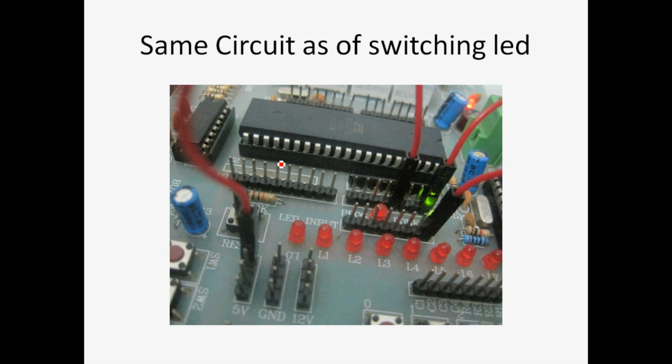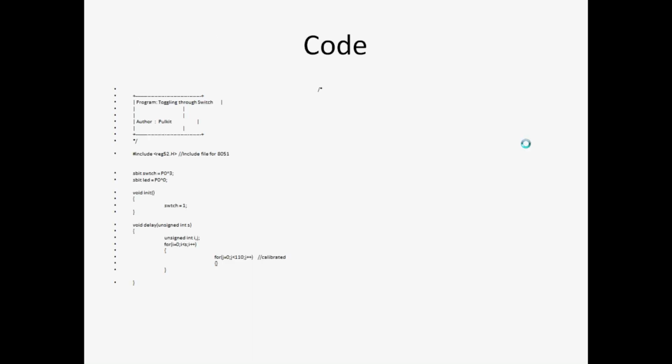The circuit is the same as for switching the LED. One jumper will connect the LED with the port 0 pin 0, and another jumper will connect any of the desired switches to the third pin, among 0, 1, 2 and 3, the third pin of your switch.